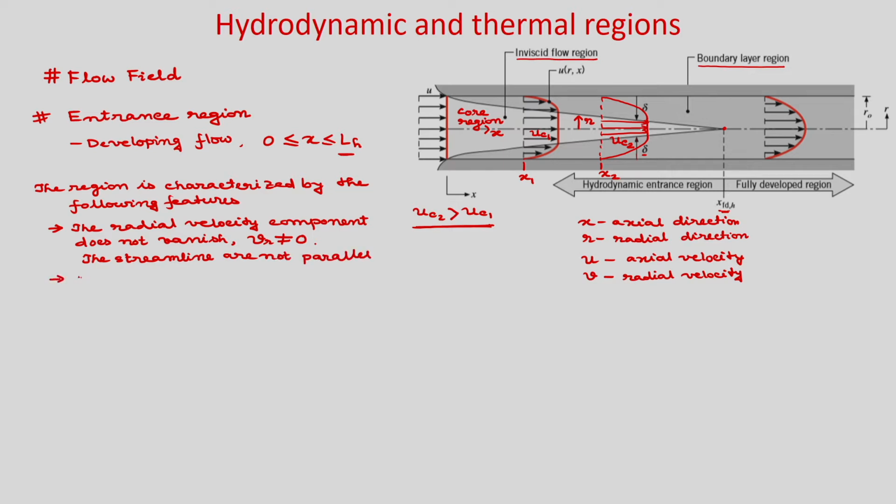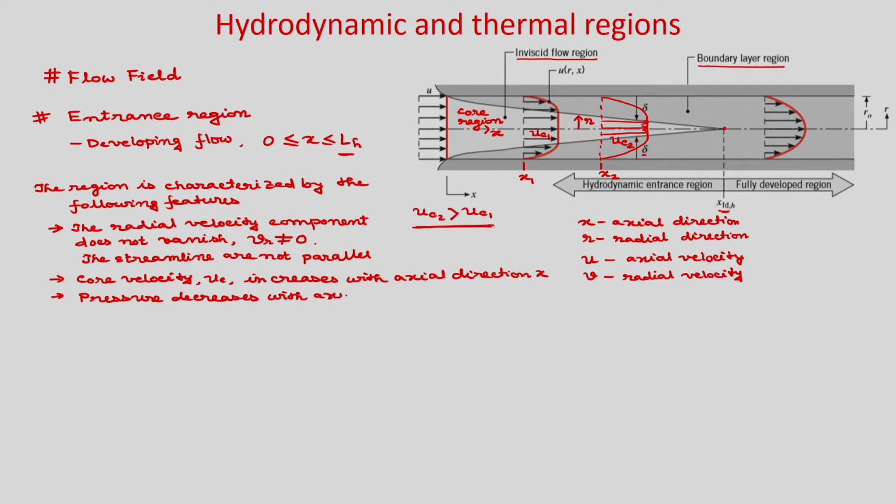The second observation, already discussed, is that the core velocity increases with axial direction, and the pressure decreases with axial direction, so your dP by dx will be less than 0.